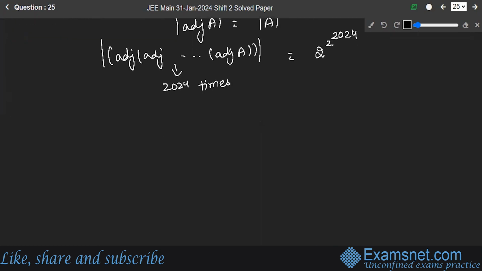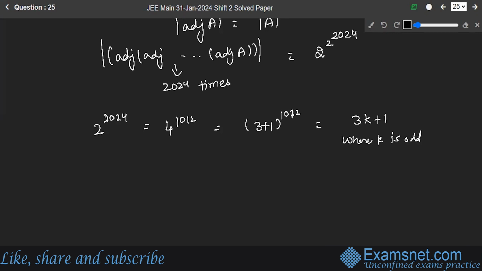Now, 2 power 2024, I can write it like this: 4 power 1012, and 4 can be written as 3 plus 1, so (3+1) to the 1012, this is nothing but 3k, a multiple of 3, and the remainder will always be 1. So this is equal to 3k plus 1, where k is odd.